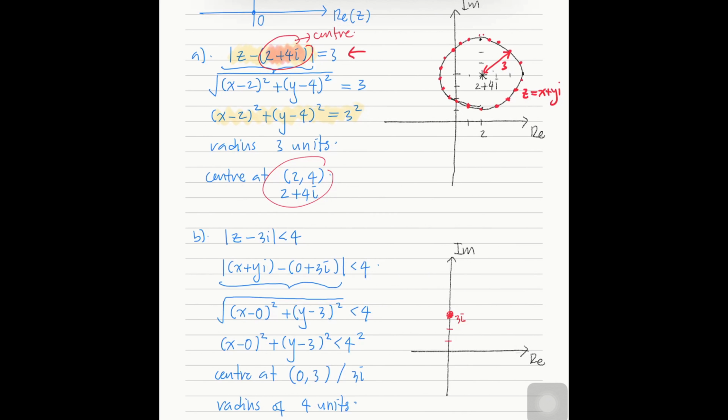Go to the right by 4 units, 1, 2, 3, 4. Go to the left also 4, and go up also 4. Then we just connect all the points that we marked.